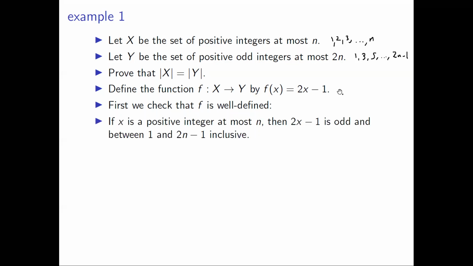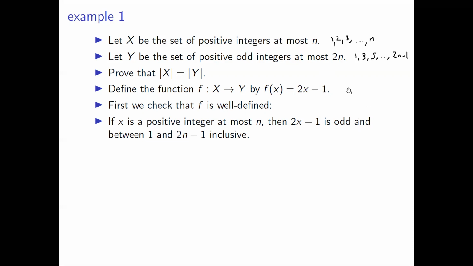So if little x is an element of big X, that means that it's a positive integer at most n. And then if we plug in little x into the function f, we get 2x minus 1. And if x was a positive integer at most n, that means that 2x minus 1 is odd because x is an integer. And 2x minus 1 is between 1 and 2n minus 1 inclusive. 1 is what you get when you plug in 1 for x in 2x minus 1.